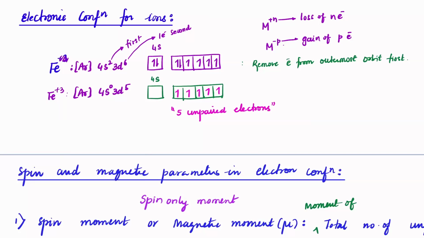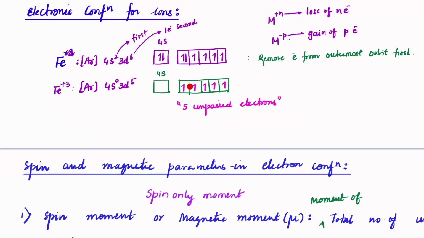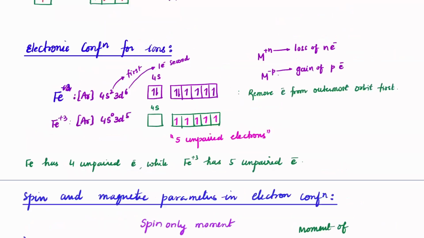So Fe plus 3 has 5 unpaired electrons. Unpaired electrons means only a single electron is present in that particular orbital. So I can say that Fe has 4 unpaired electrons, while Fe plus 3 has 5 unpaired electrons. All good?